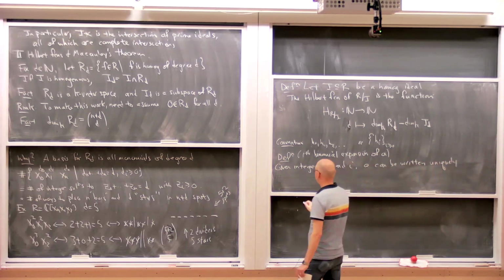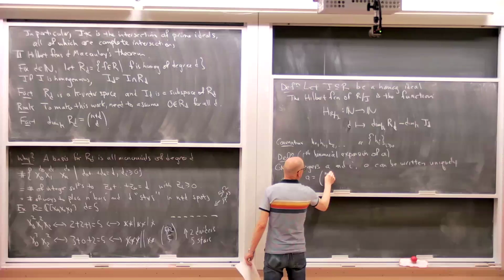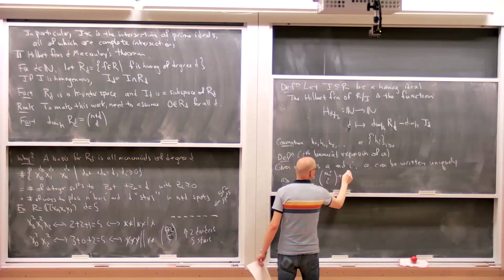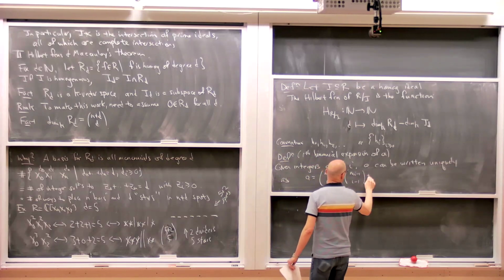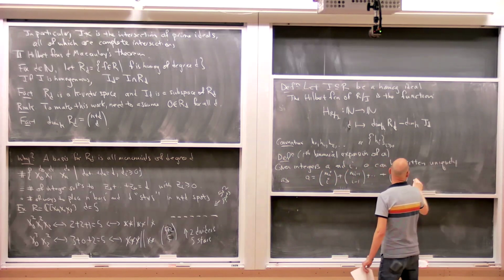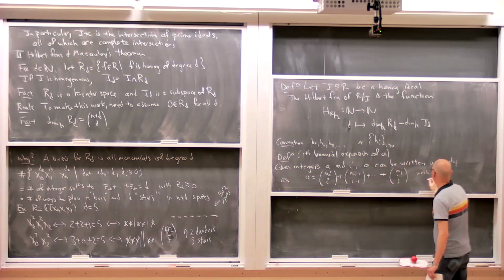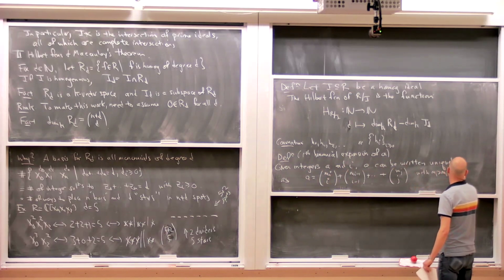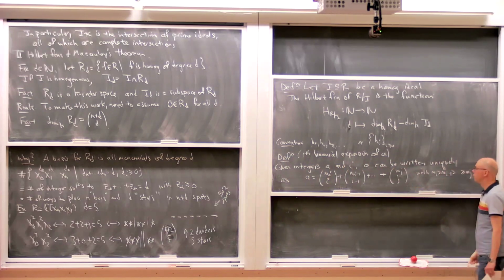It can be written uniquely as a equals m_i choose i plus m_{i-1} choose i-1 up to m_j choose j, with the numerators of these binomial coefficients strictly decreasing until you get to m_j, which is greater than or equal to 1.